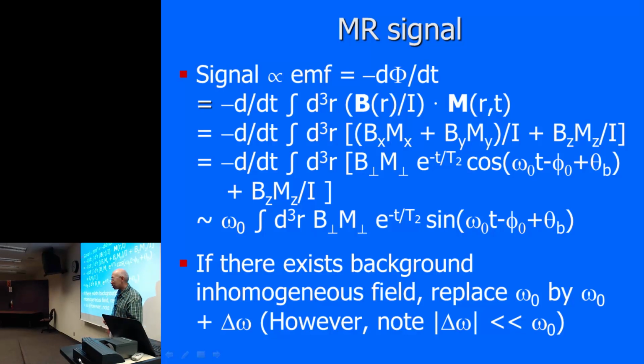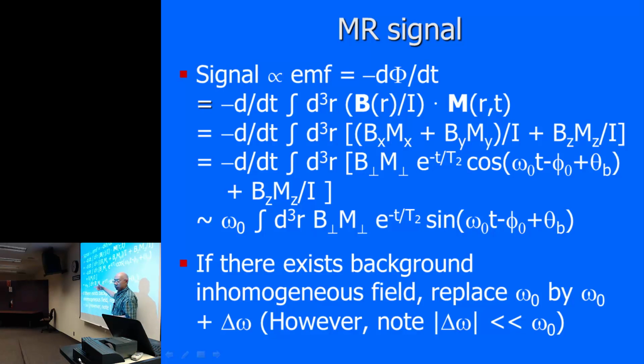Now why do we separate the Z component from the X and Y component? Well, that's because the next thing we are going to do is calculate the derivative of this whole thing. So what's magic about that? When you calculate this first term, if you apply the derivative on this, you just get 1 over T2.